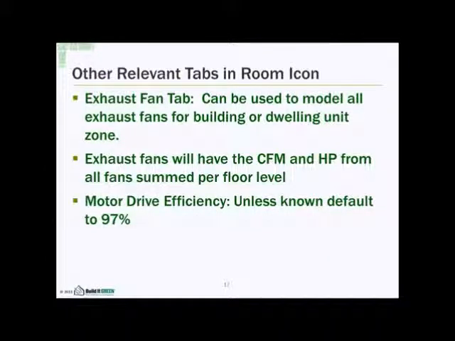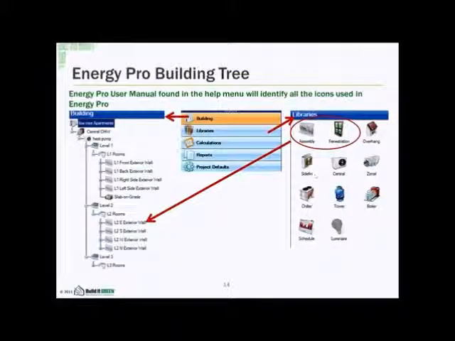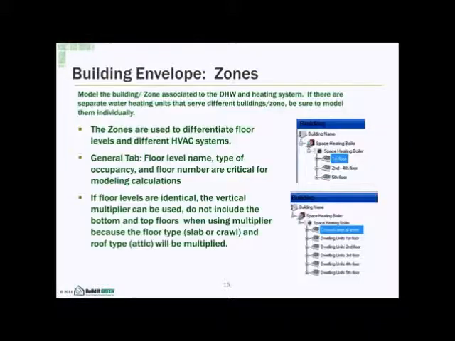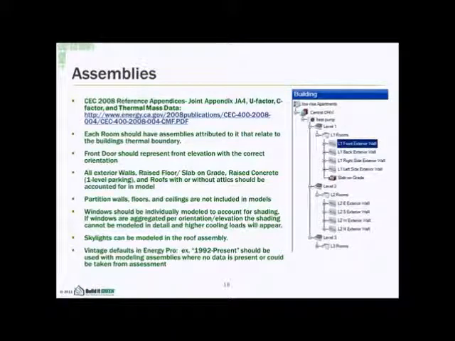Okay, so our assemblies. Let me go back once again to this picture here. We're going to be working in the assemblies now in Energy Pro. We've already built out our rooms. Now we're going to build out the assemblies for each room or for each floor level. That makes sense.